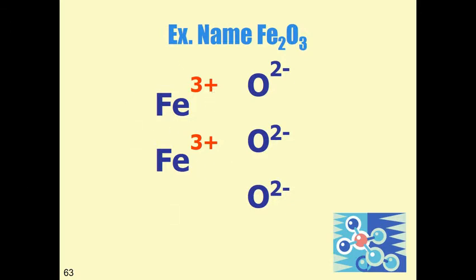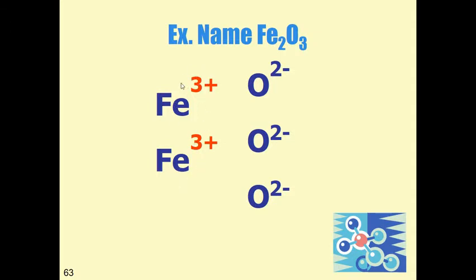So if we were to name that, following our flow chart, is there a metal? Yes. Is that metal a transition metal? Yes. Count the different elements. We have 2 different elements, iron and oxygen. So that's ionic binary. We're going to name the transition metal first. This guy is called iron. Then in Roman numerals, we give the charge of our transition metal.